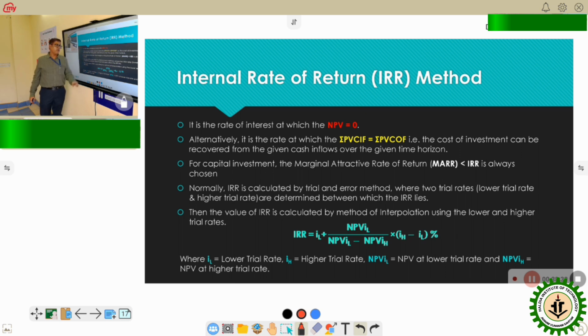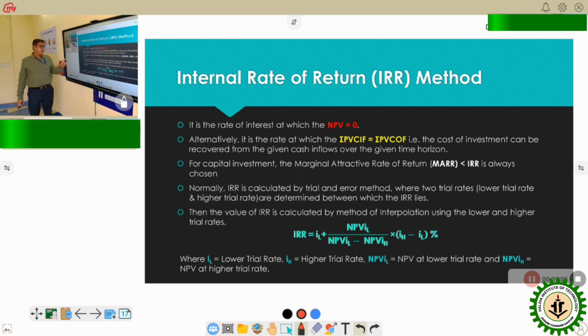So that is why they determine the IRR. Now, since there are n number of years, solving an n degree polynomial is very critical. So the only method of calculating IRR is the trial and error method.